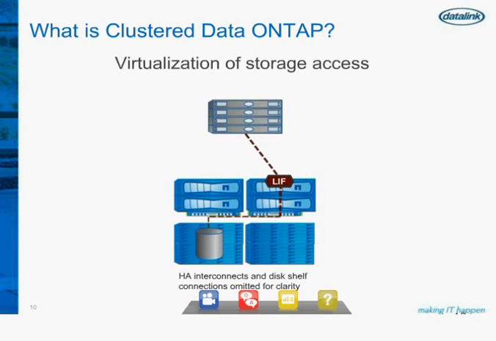But not just volumes can move. We also have the ability to take a LIF, in the case of NAS protocols and admin protocols, and migrate that to a different node. Now, one important point about the way that the block protocol LIFs work for iSCSI and for Fiber Channel. These LIFs don't migrate.